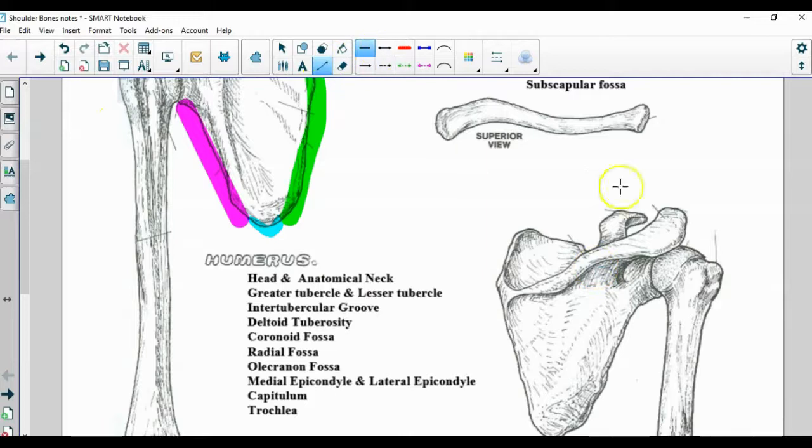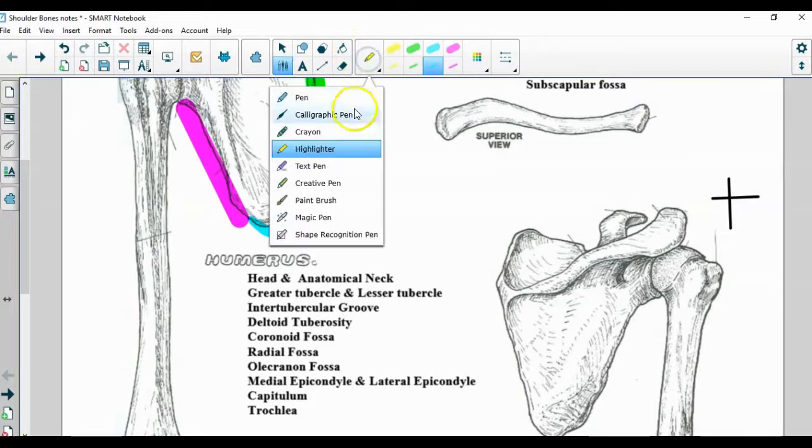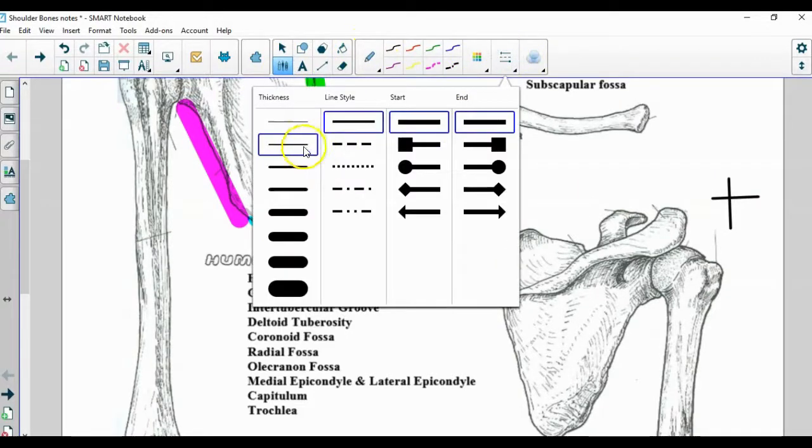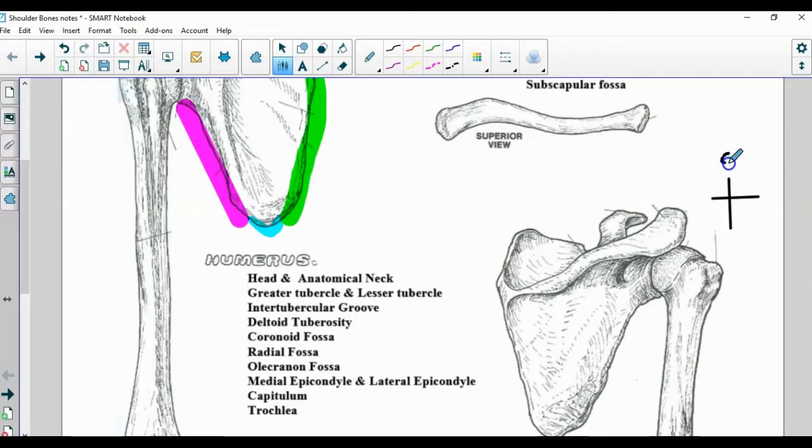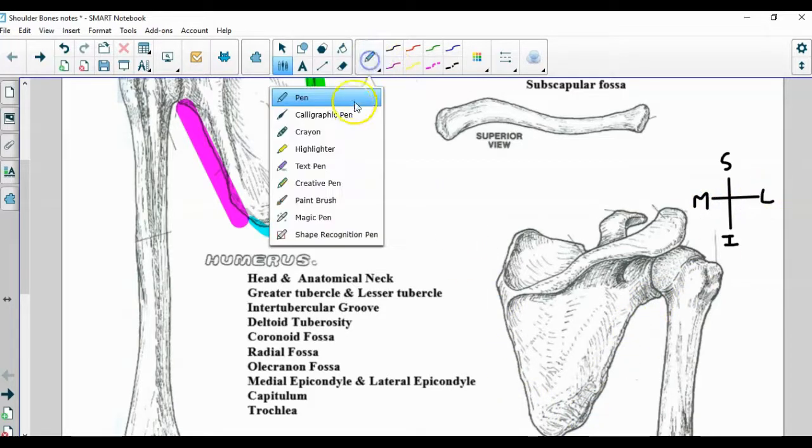If we were to make a compass, it would look like superior, inferior, and the only thing that would flip is the lateral and medial, because here's the arm, now we know that's lateral, and the other side would be medial. So use those to do your boundaries.